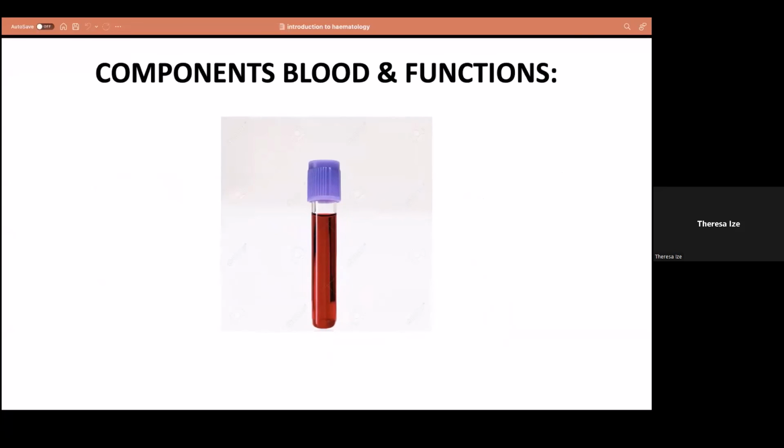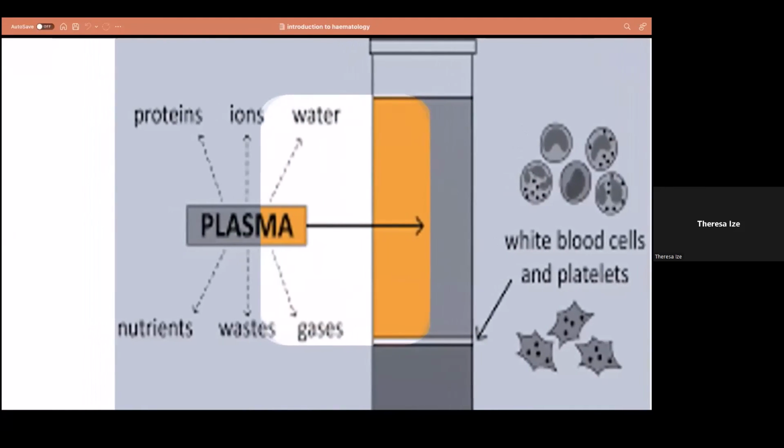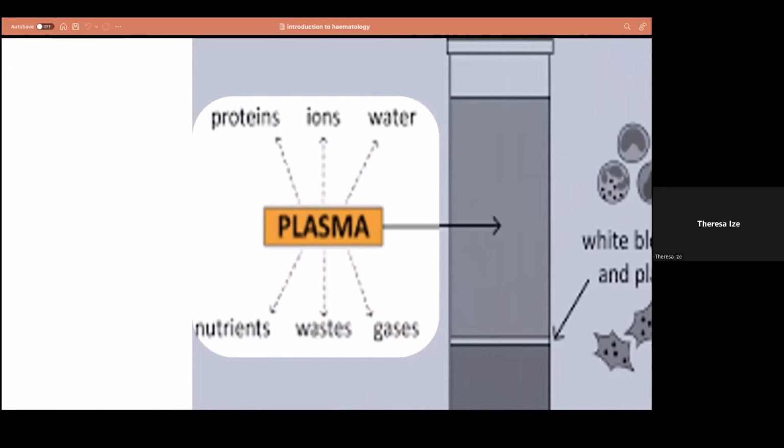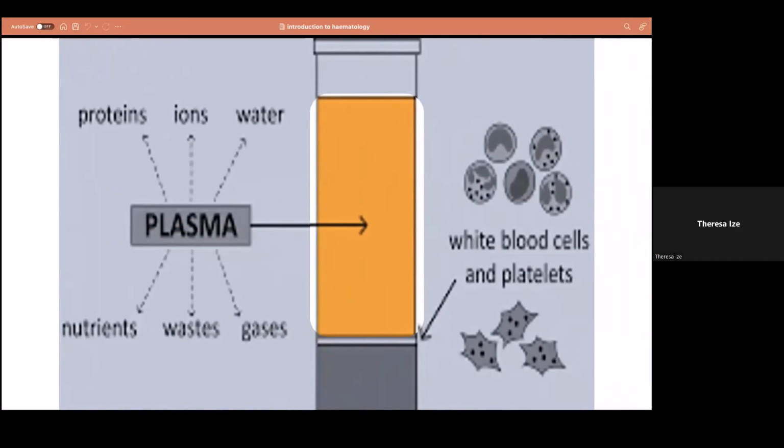This is a picture of blood that is taken from a patient. When it is centrifuged, it sediments into the various components of blood. The first portion of it is the plasma.